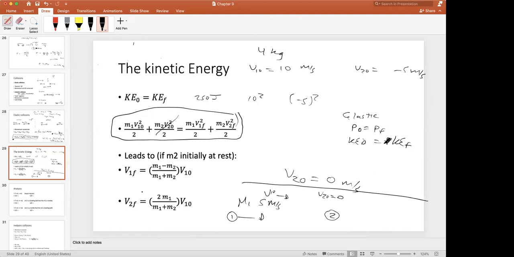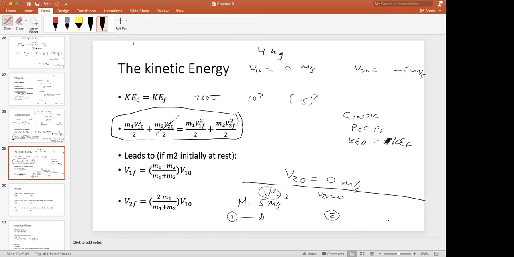You can get that just by saying (M1 minus M2) over (M1 plus M2) times the initial velocity. So as long as you have mass 1, mass 2, and the initial velocity of mass 1, you just plug numbers in. I'm going to tell you there is one small trick that I'm going to talk about in a minute, but that's it. For V1, the final velocity of V1 is (M1 minus M2) over (M1 plus M2) times V1 initial.